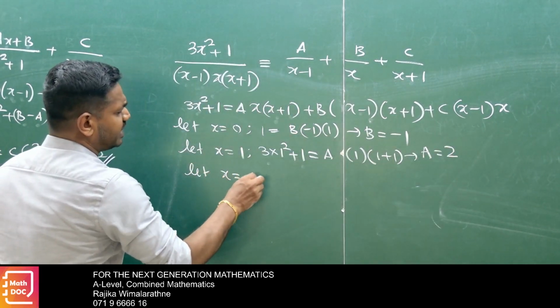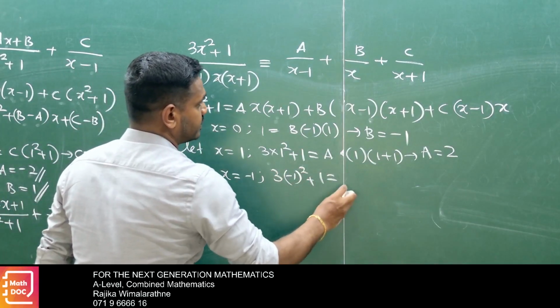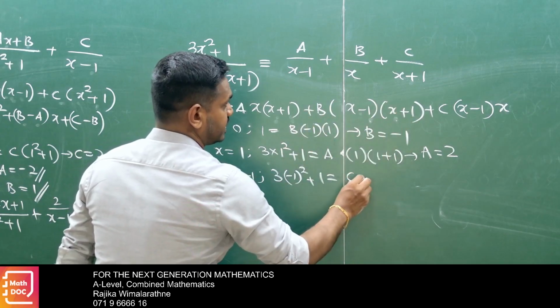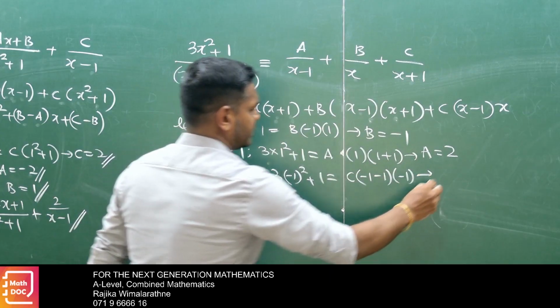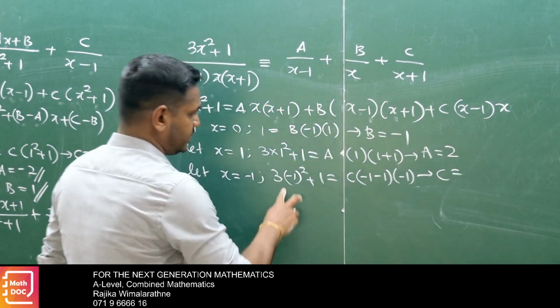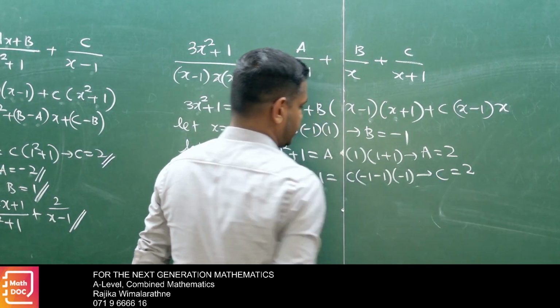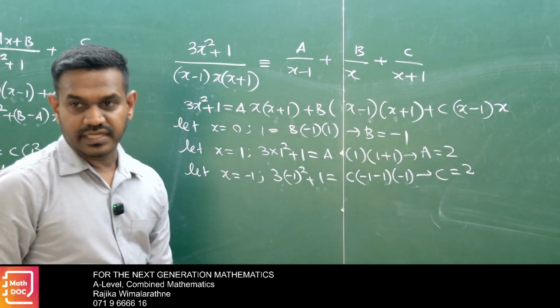Let x equal minus 1. 3 times minus 1 squared plus 1 is 4, the other terms are 0, and C times minus 1, minus 1, gives C equals 4 over minus 2 plus 2. So those are the values.